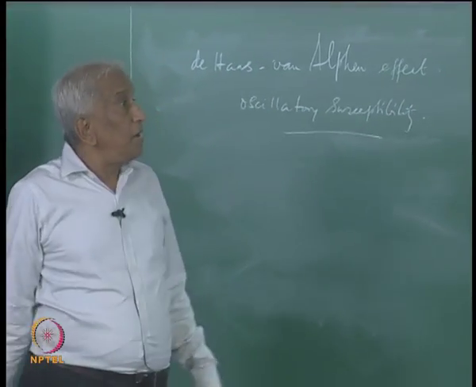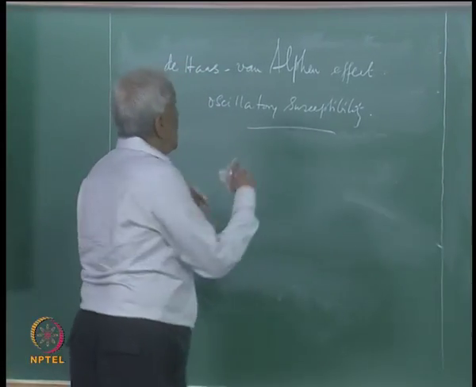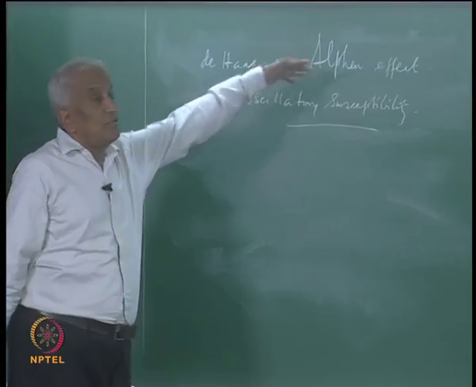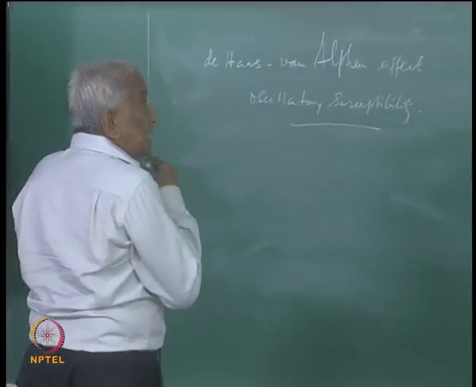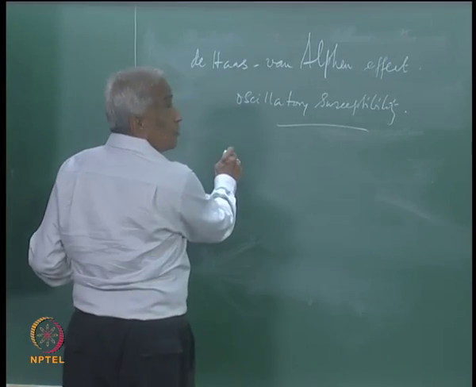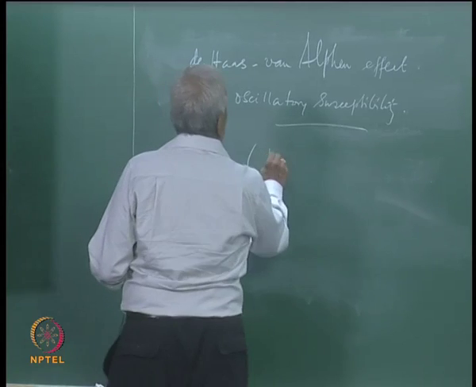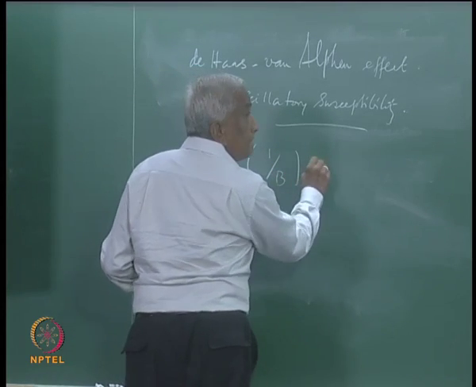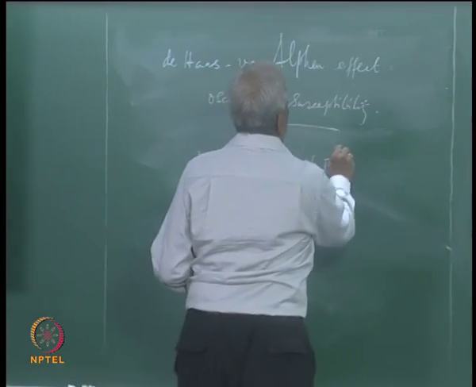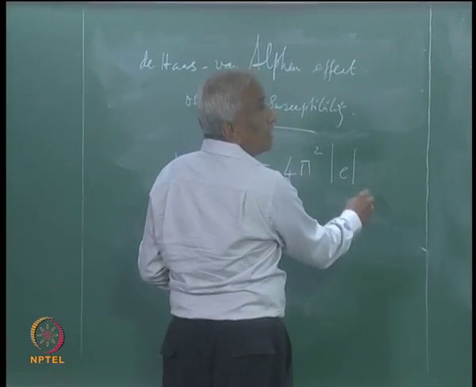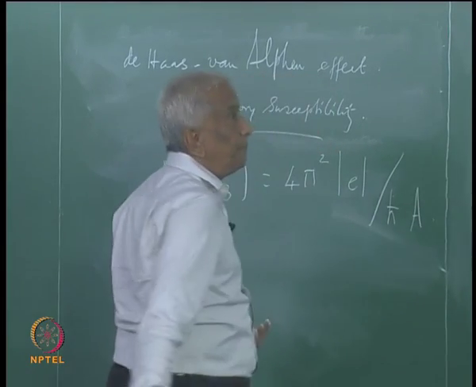This has a very important consequence, that one can determine the topology of the Fermi surface using this, because the exact calculation gives delta 1 by b as 4 pi square mod e divided by h cross A.